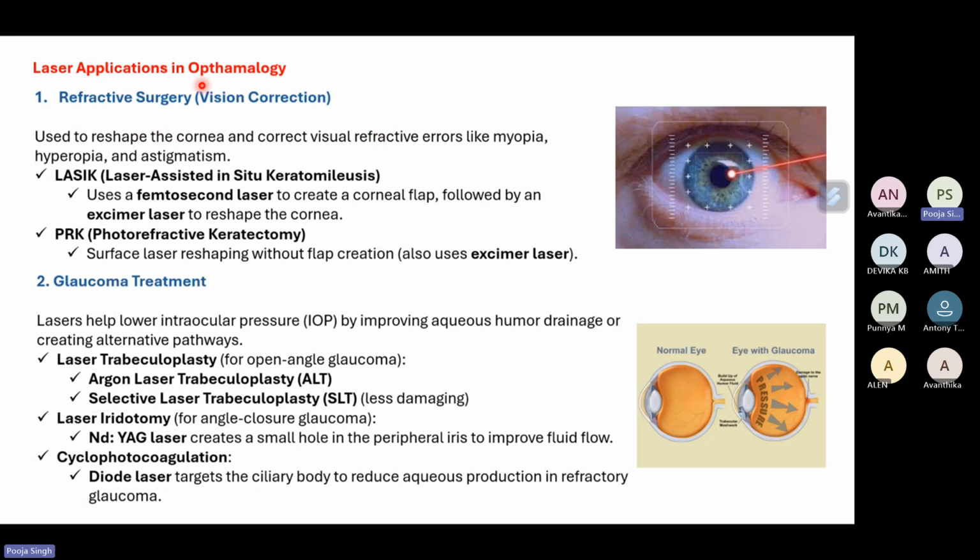Okay, so ophthalmology also, as you already know: cornea treatment, cataract removal, or glaucoma treatment. In that case also you can use diode laser, neodymium YAG laser, argon laser, and selective laser. Then LASIK, laser-assisted in situ keratomileusis. These lasers provide femtosecond transitions, very fast, for this kind of vision correction.